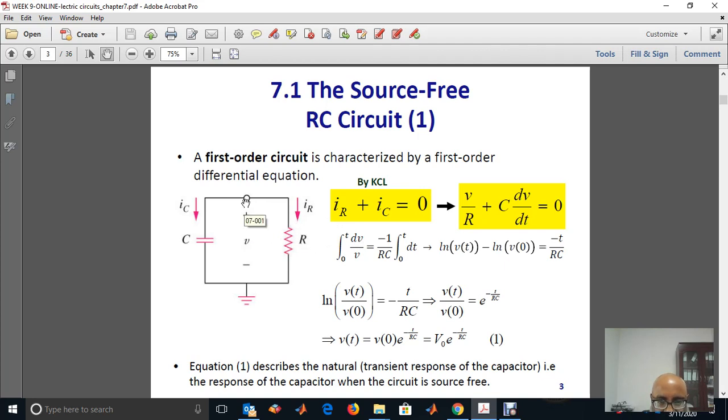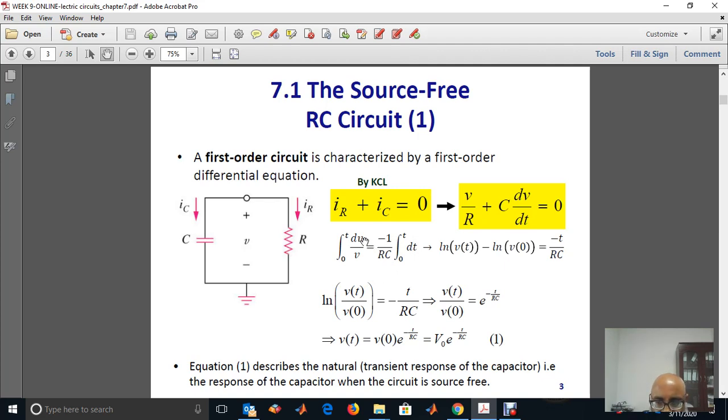For example, KCL at this node: IR, the current through the resistor, plus IC is equal to 0. But we know IR is V over R, and IC is C dV by dt, so the sum is equal to 0. Then if we rearrange this, we have the integration of dV over V and the integration of dt times -1 over RC.